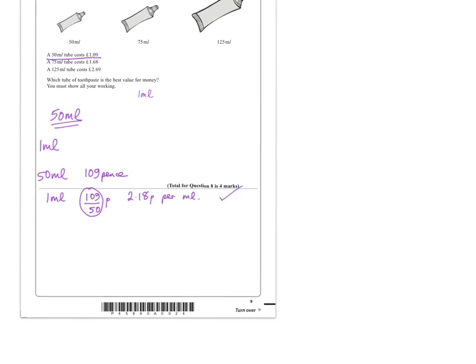Okay, so that's the 50 ml range, and then we can look at, luckily I've got a bit more space here now actually, the 75 millilitre toothpaste. Now 75 millilitres, if we want to work out what 1 millilitre is, so let's set our working out like this. 75 millilitres, it says it costs £1.68, which is 168 pence.